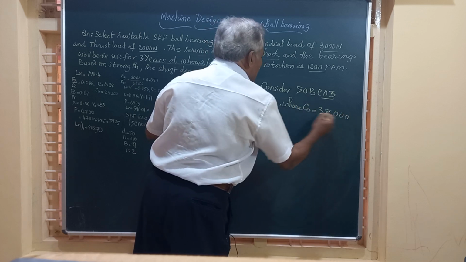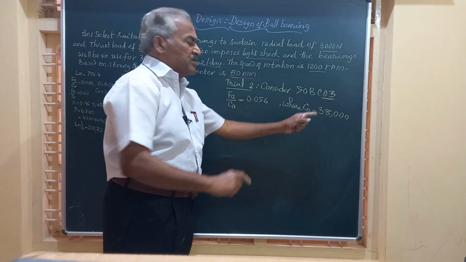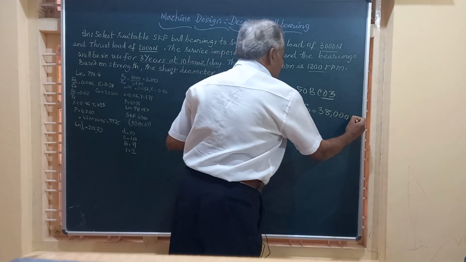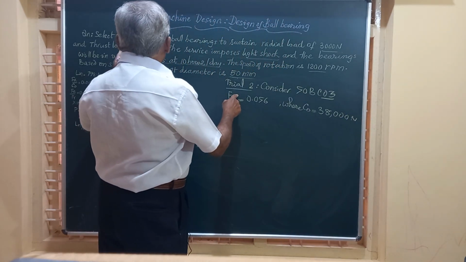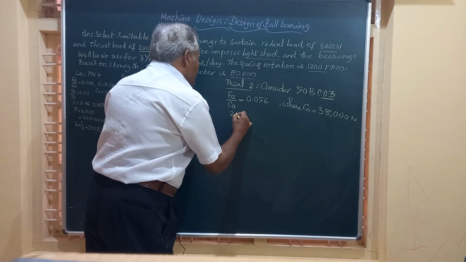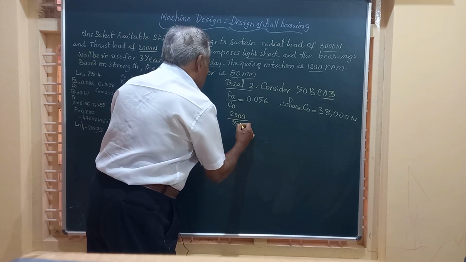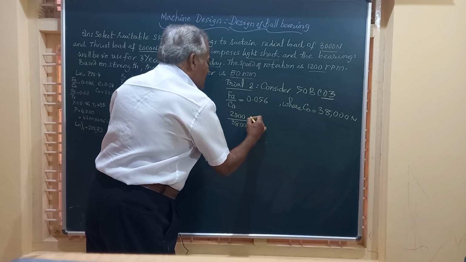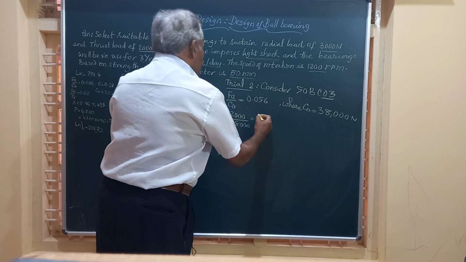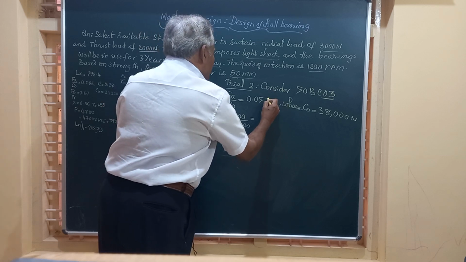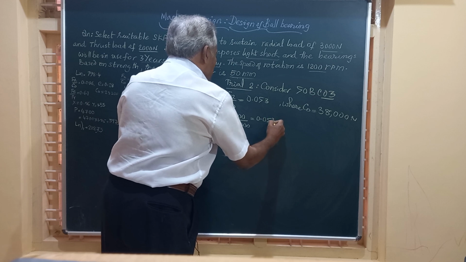See, both C0 and C are available in the same table, the values one adjacent to the other. So if you make use of FA, the axial load, which is 2000, and this 38,000 from the table, this works out to 0.053.